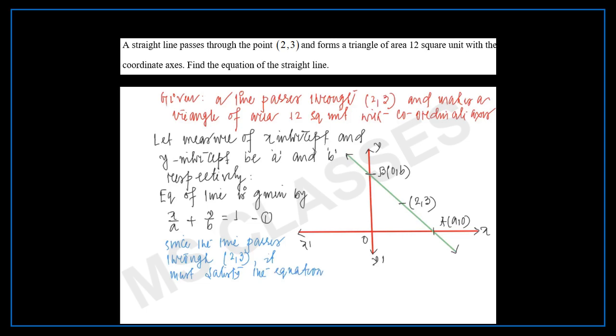So in place of x you can put 2, in place of y you can put 3. So this is 2 by A plus 3 by B equal to 1. This is equation 2.